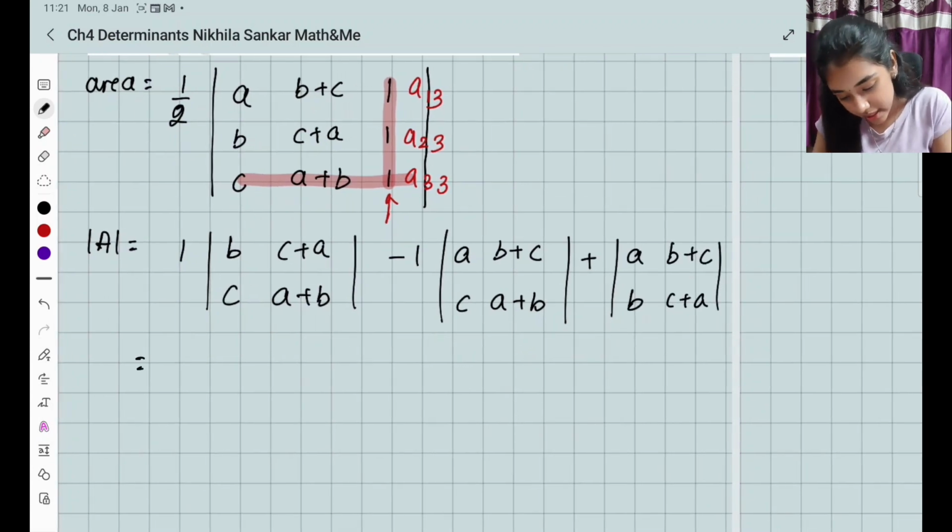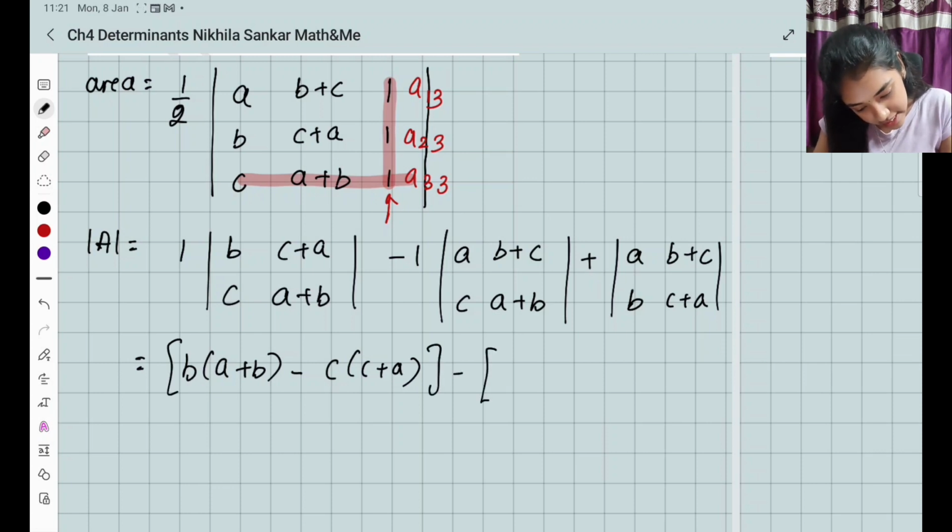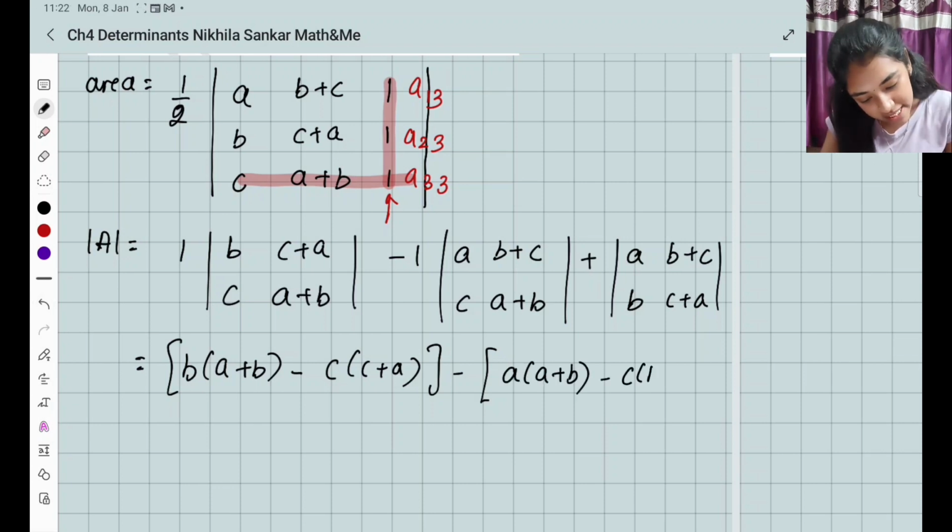இப்போ இதோட determinant எடுக்கலாமா? So I'm going to have B times A plus B minus C times C plus A. இது first term. Minus second term is going to be A times A plus B minus C times B plus C. Okay, இப்போ last term என்ன?